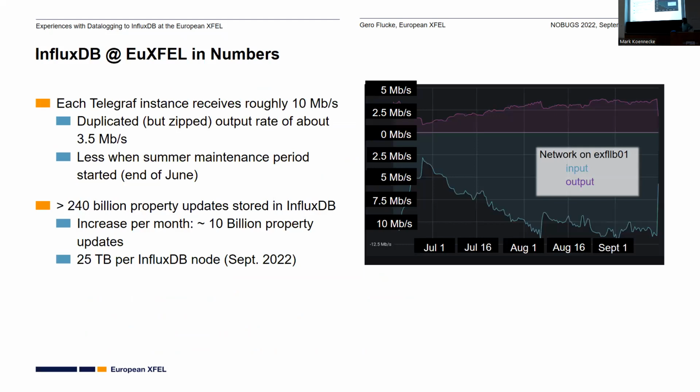Just in numbers, we have roughly each of the 3 Telegraf instances at 10 megabits per second. Of course, if there's a summer maintenance period, there's less, and we shut down things and slowly ramp up. So far we have stored 25 terabytes of data for each of the nodes, with a redundancy of 3.